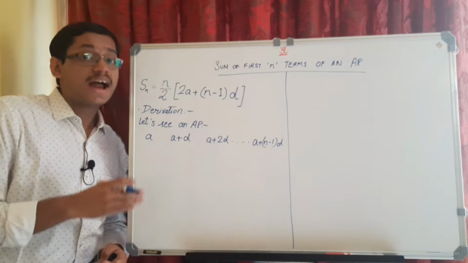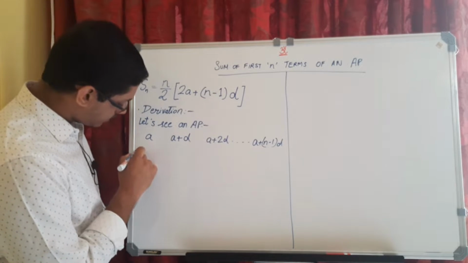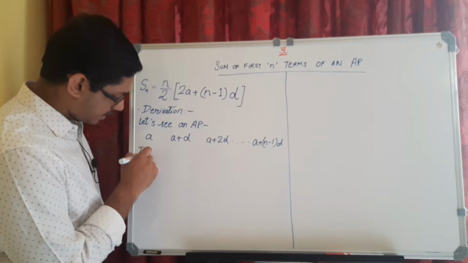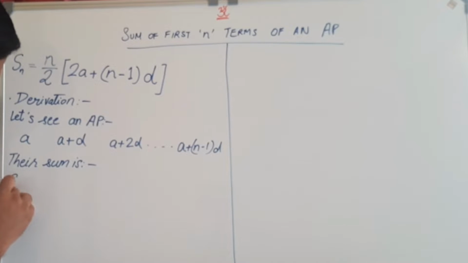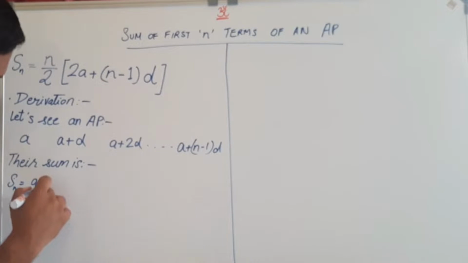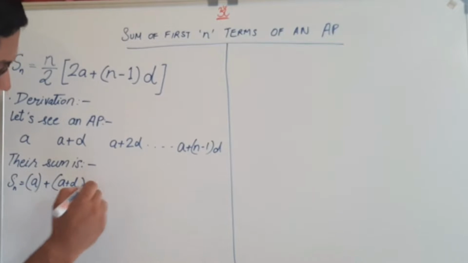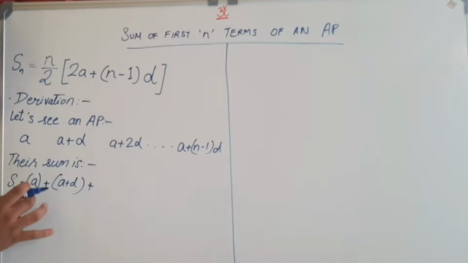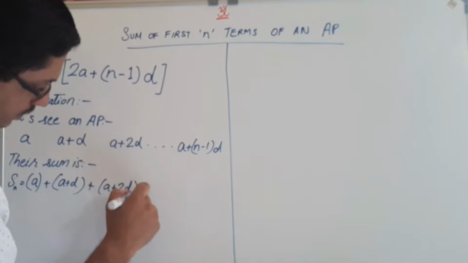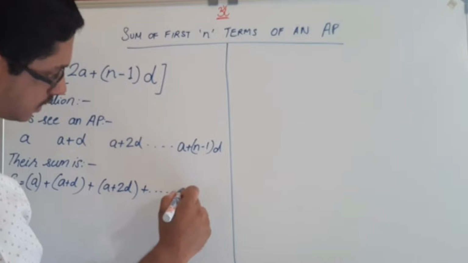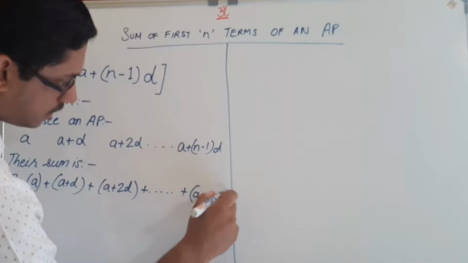So if we want to add it, how will we add? We will add like this. Let me write, their sum is Sn equals a plus (a plus d). I am putting it in brackets so that you can differentiate, means what is this term, what is this term. Plus (a plus 2d) and so on plus (a plus (n minus 1) d).